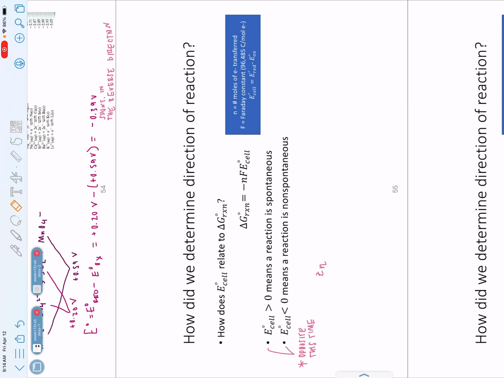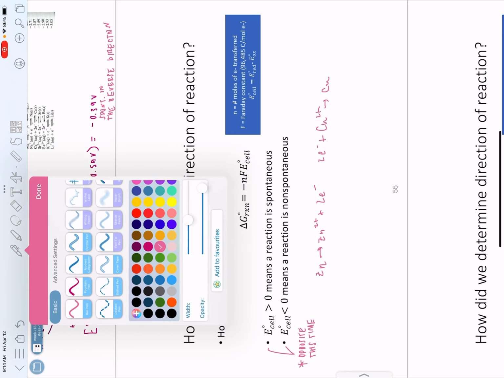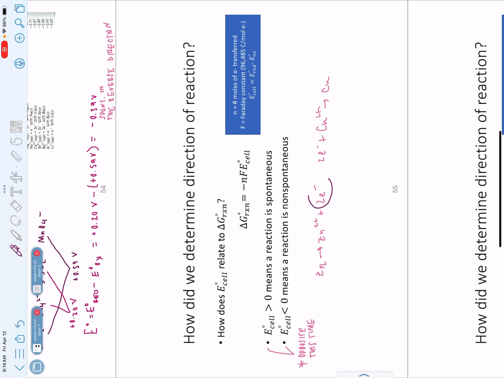So if I want to take this particular process right here and calculate what my delta G is for this reaction, where E naught, remember, was positive 1.10 volts. Just like I've accidentally memorized Ka for acetic acid and Kb for ammonia, because we use it all the time. This is the example we use all the time.